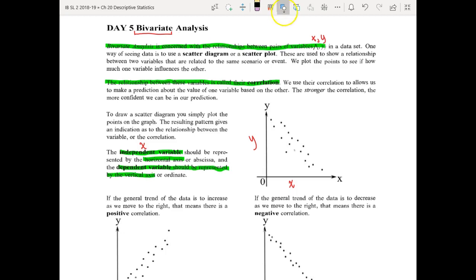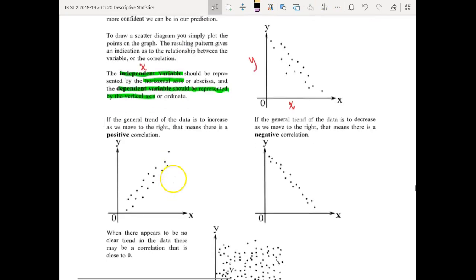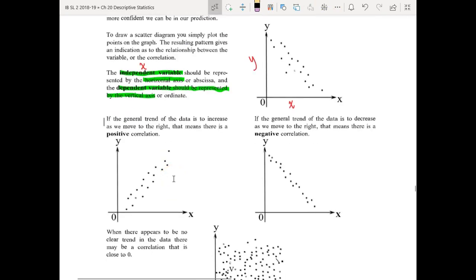All right, now, the different types of correlations that you have. You can have a positive correlation. That means if we were to draw a line on this, the line would have a positive slope. This would have a negative slope.